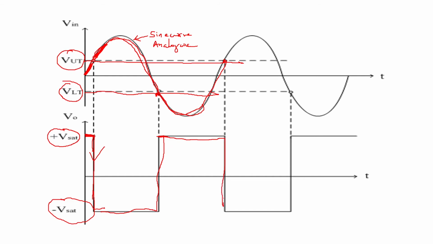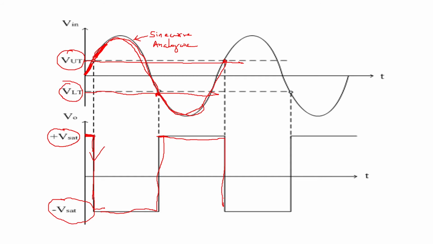So whenever the input goes above the upper threshold, the output will be minus Vsat, and whenever it goes below the lower threshold, the output will be plus Vsat.